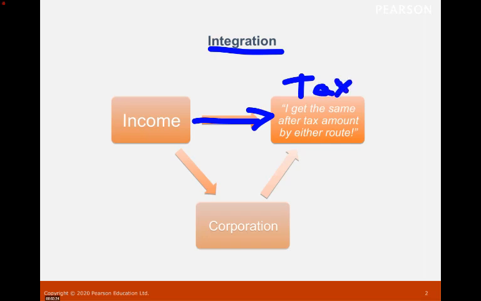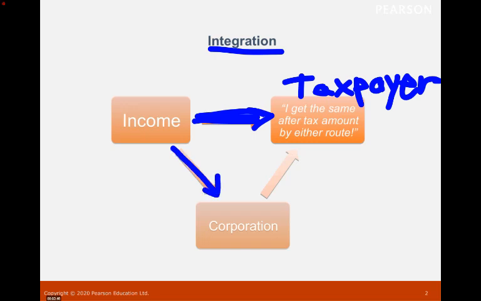If you imagine this as the taxpayer. So does that income go directly to the taxpayer? Or, as we get into in Tax 2, is this being filtered through another legal entity, being a corporation? If the income goes direct, or if it follows this path, are we getting the same amount after tax? That's the concept of integration.